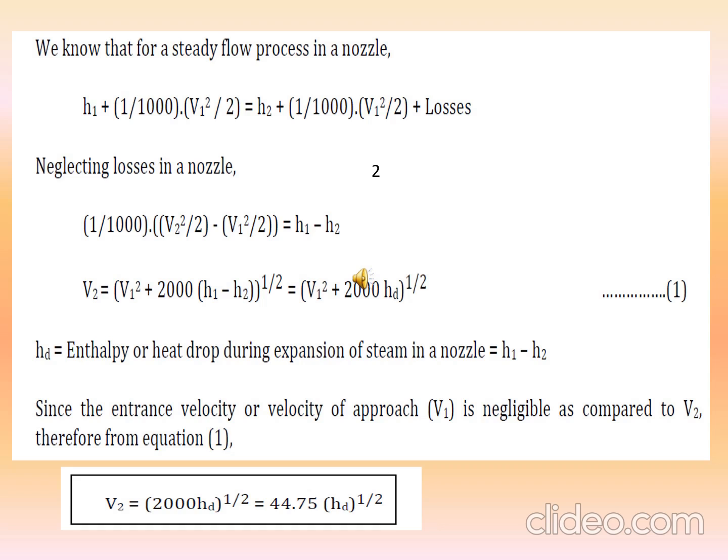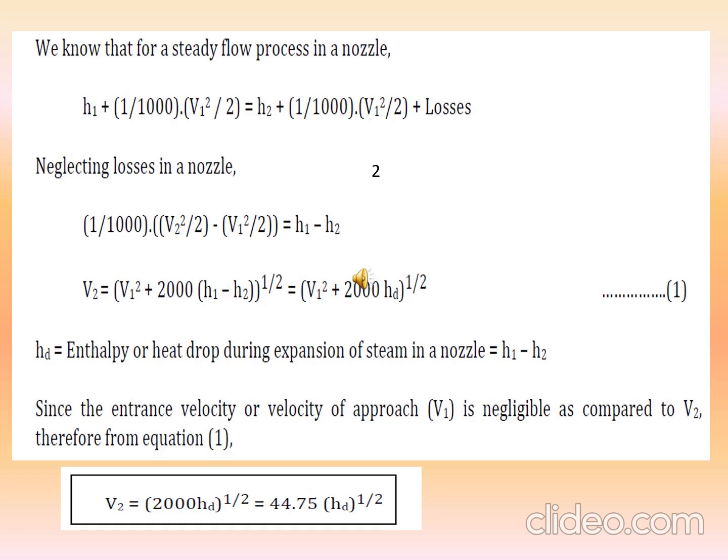This is the basic principle of our nozzle. When it is passing through the nozzle, the heat loss is negligible, so Q equals 0, and the work done is also 0, because inside the nozzle no work is done. So W equals 0.